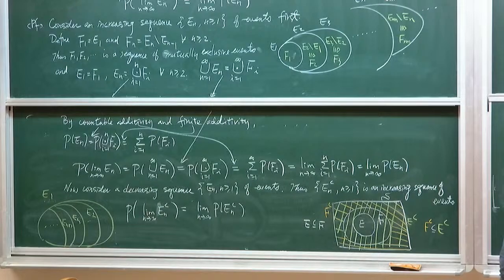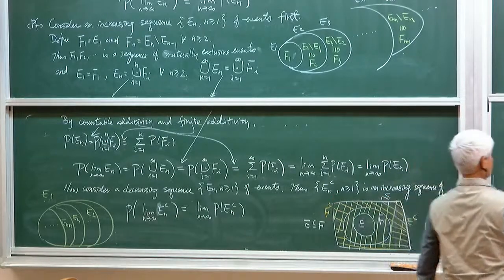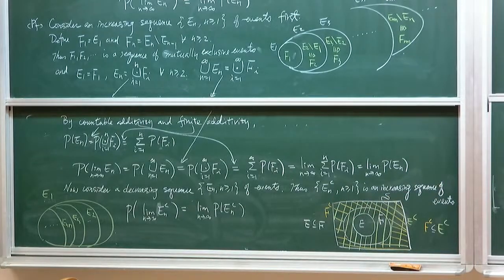So 1 minus the probability of the limit as n goes to infinity of En is equal to the limit of 1 minus the probability of En again, right? But 1 is constant, so 1 minus the limit.